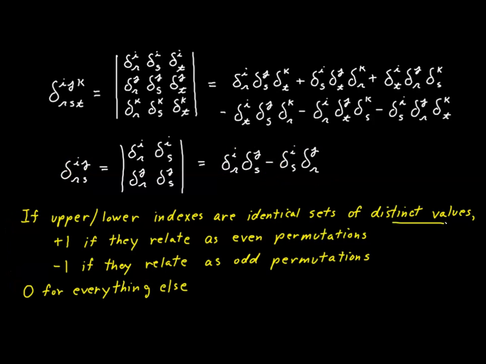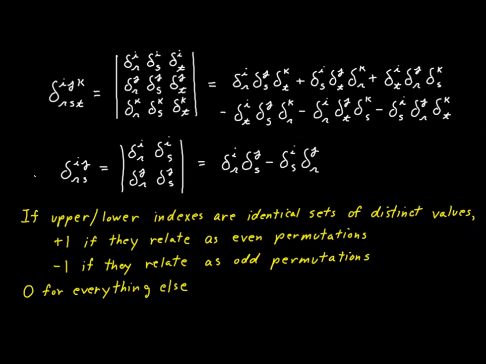Likewise, if they're duplicates, then the two are simply going to cancel each other out, so they've got to be distinct. And then if the relationship is an even relationship, then this is going to be the positive term. If it's an odd relationship, then this is going to be the non-zero term. So this whole description down here applies just as well to this new definition as the old one.